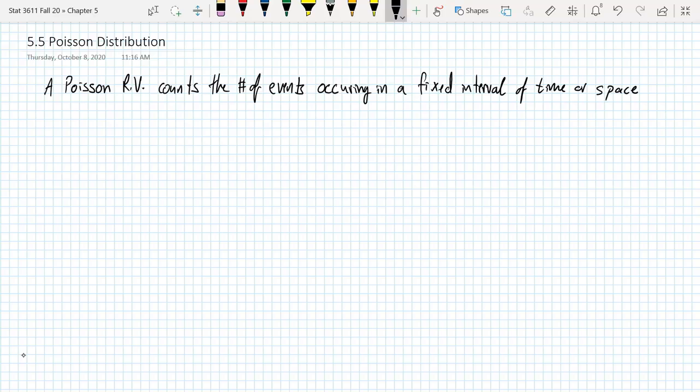In a fixed interval of time or space, if these events are occurring at a known constant rate and independently of the time since the last event. All right?